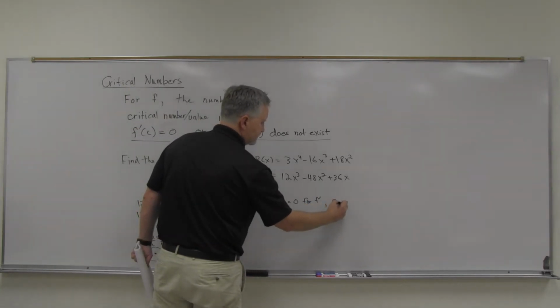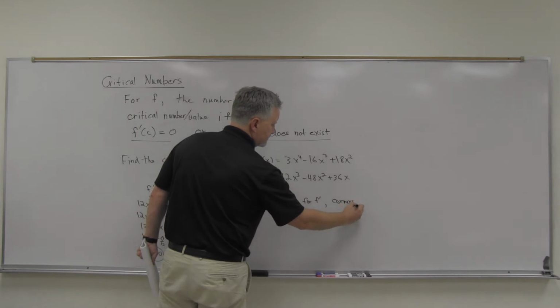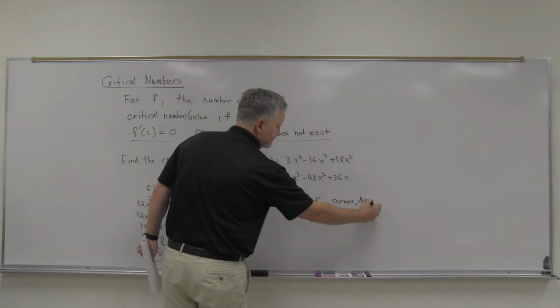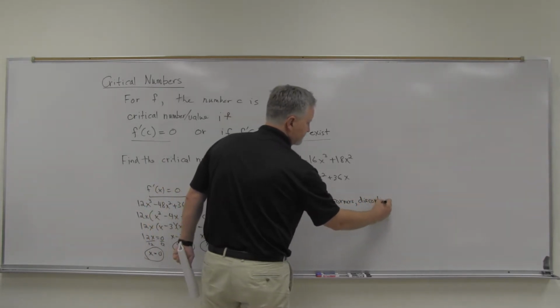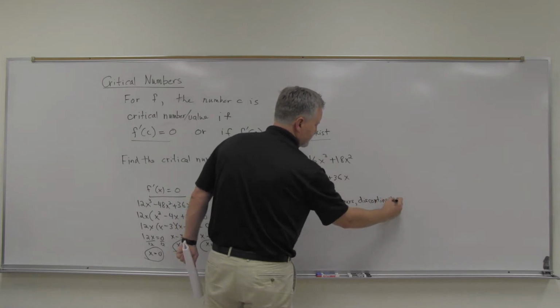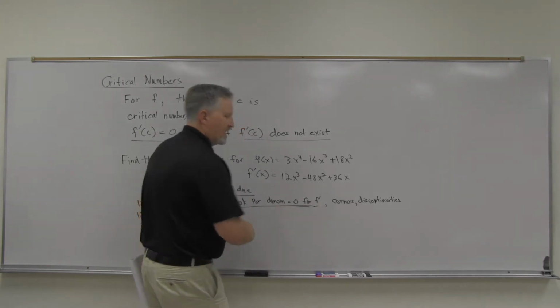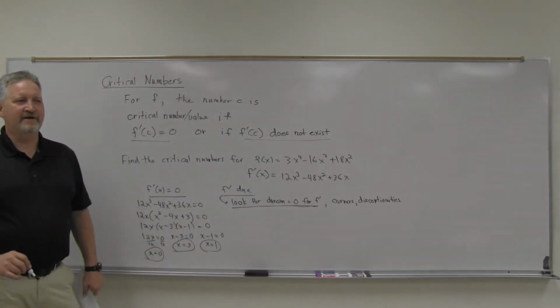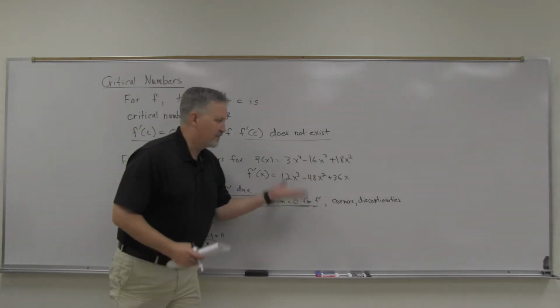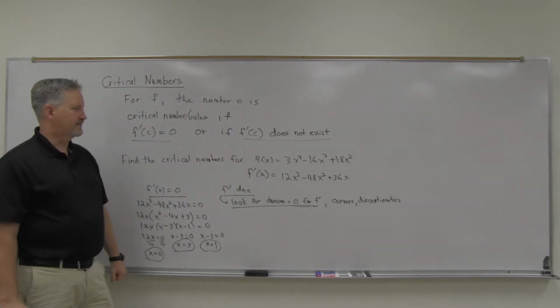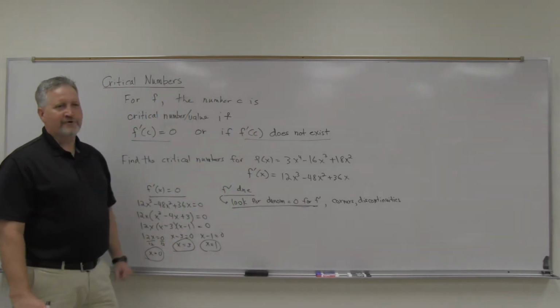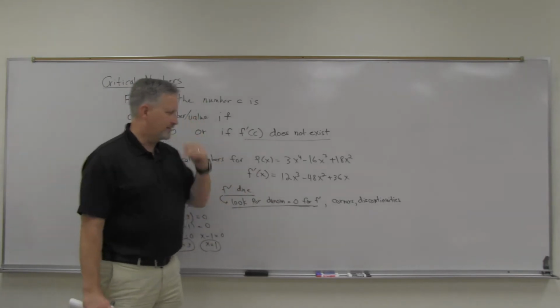Corners, discontinuities, other discontinuities, I guess I should say. That's the main thing you're looking for, denominator equals 0. And of course here, in the derivative, we don't have any denominator equals 0s. This one doesn't have any corners or other discontinuities.